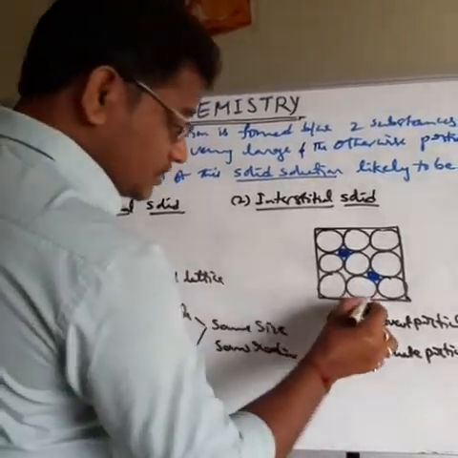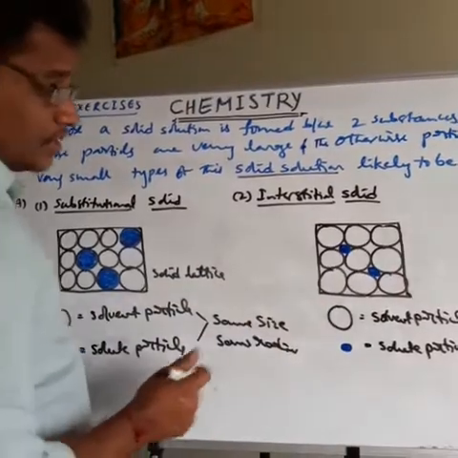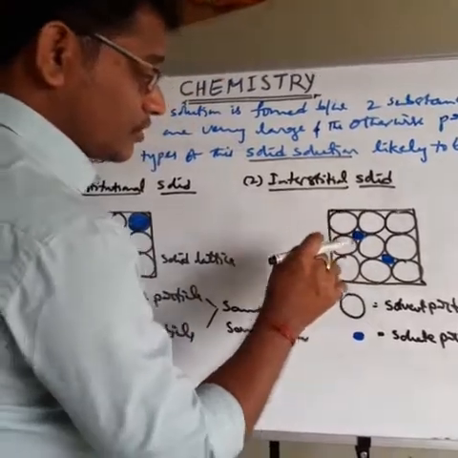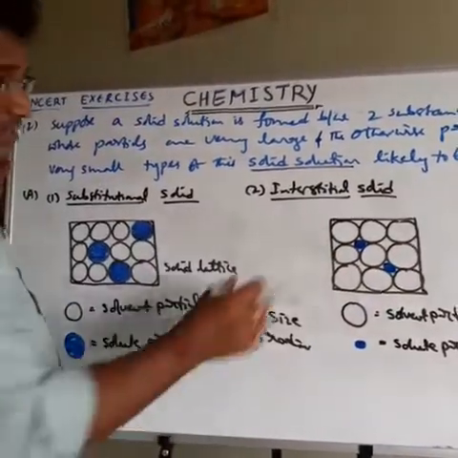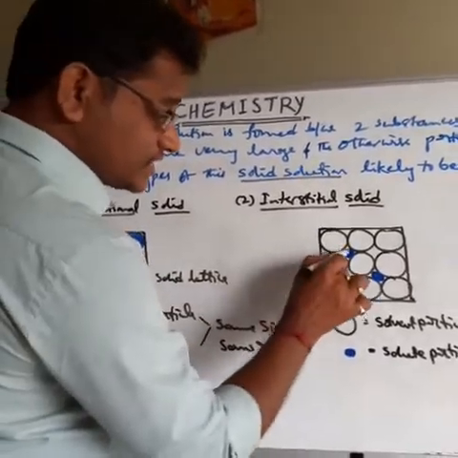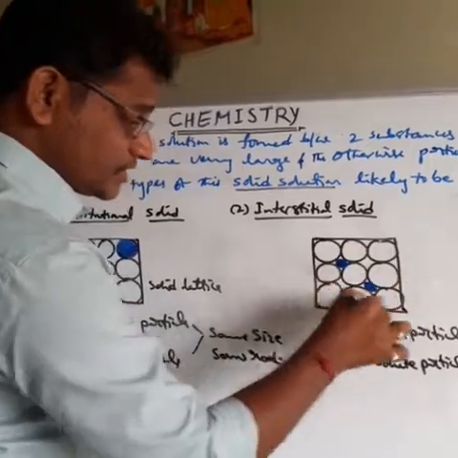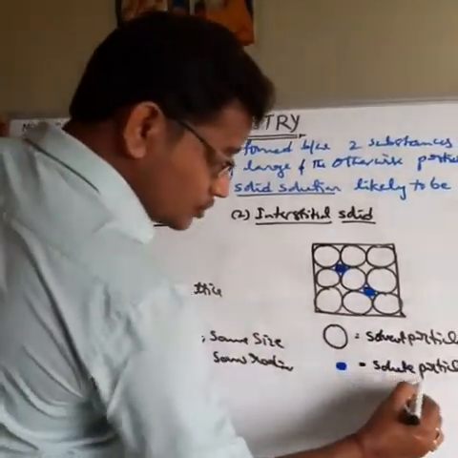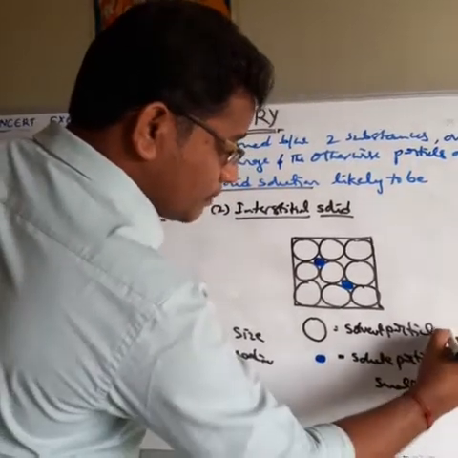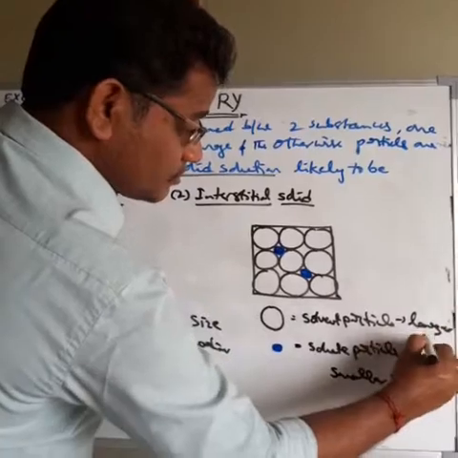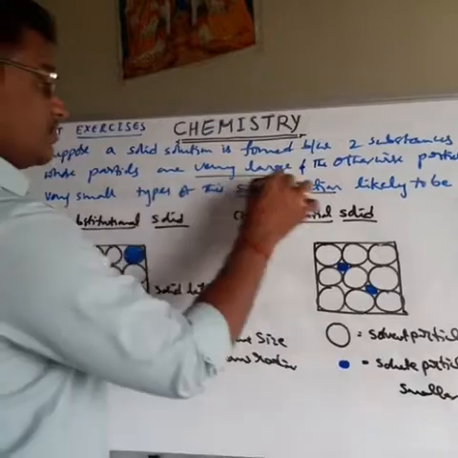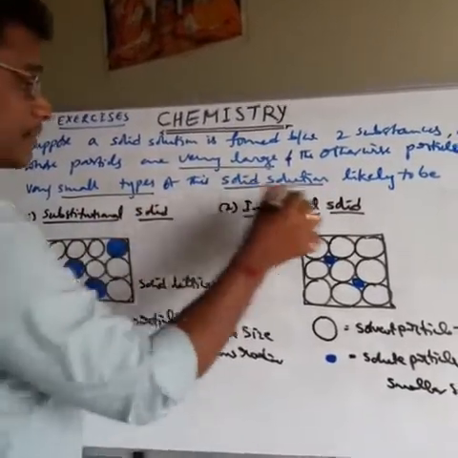But here, in the solid lattice the solute particles occupy the interstitial sites of the solvent lattice. So the solute particles are of smaller size and the solvent particles are of larger size. That's why here one particle is larger and another is smaller. That is what type of solids?